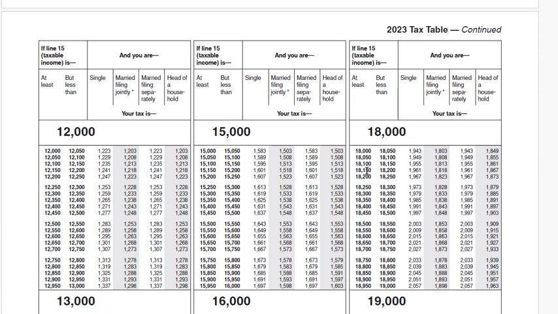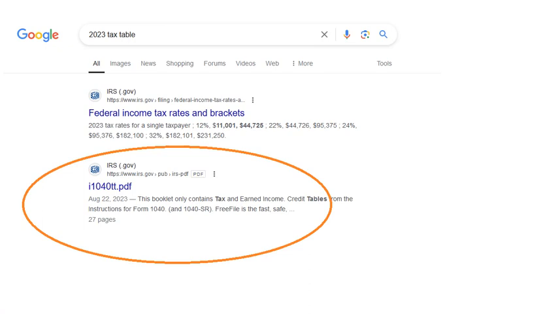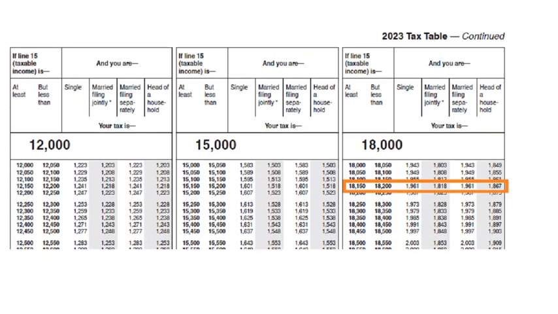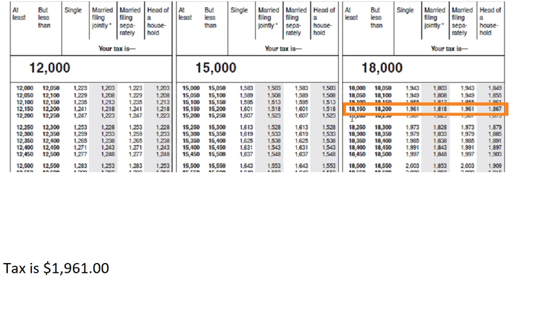So 18,150, and then this is the column for single filers. For a taxable income of 18,150, the corresponding tax is 1,961. So once again, taxable income of 18,150, the corresponding tax is 1,961.